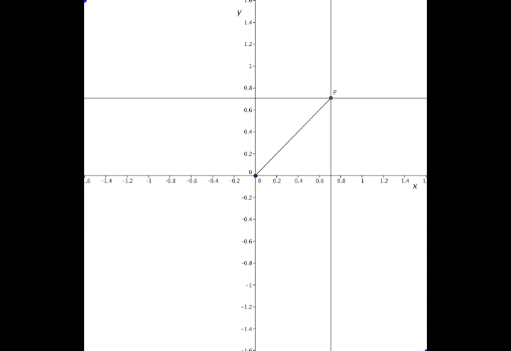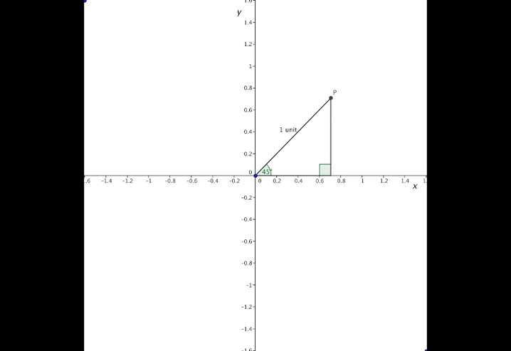We're stopping at a special point that is 1 unit from the origin. The point P is at the top of a triangle. The height of the triangle is equal to the y coordinate of point P, and its base is equal to the x coordinate. It is a right isosceles triangle of angles 45 degrees, 90 degrees, and 45 degrees.